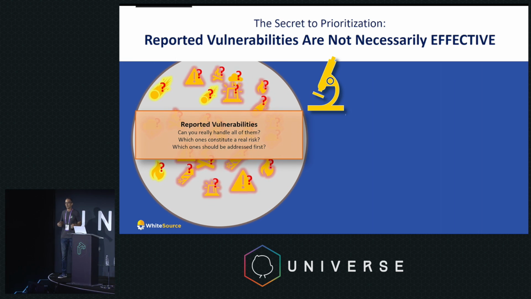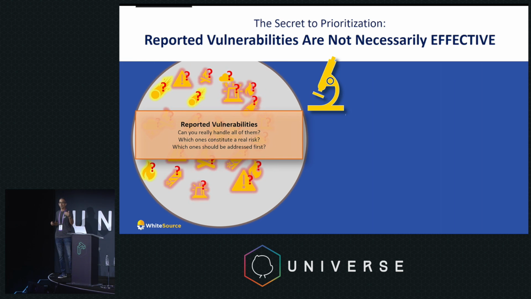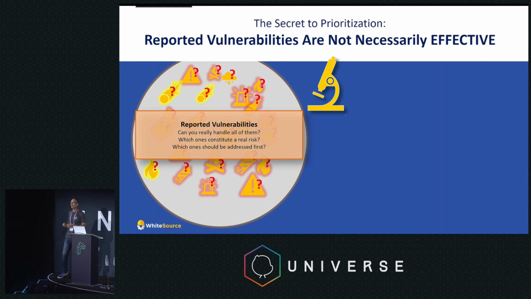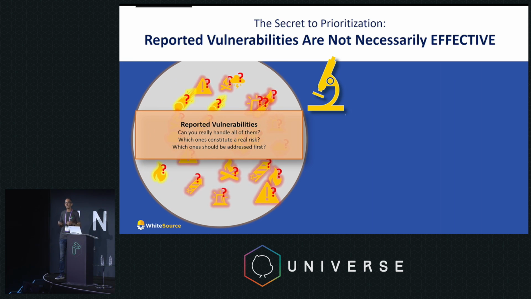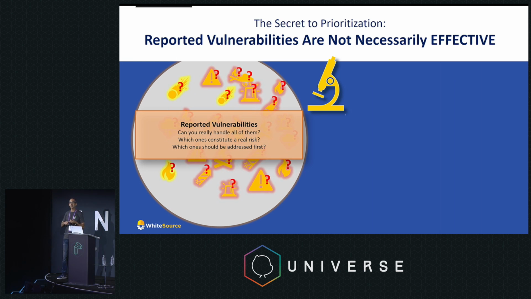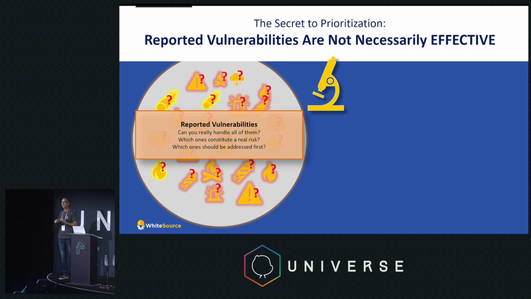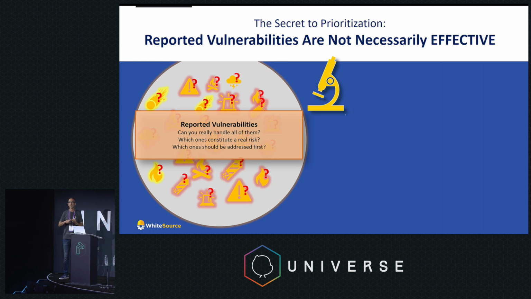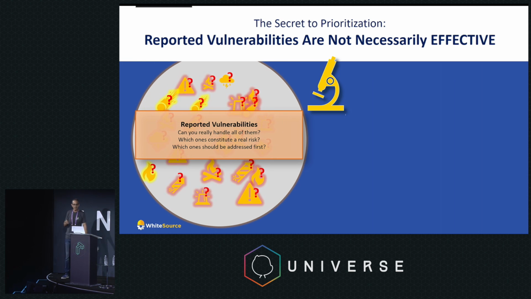Meaning, do I really reference the vulnerable lines of code or the vulnerable functions? Anybody thinks that these references may be something like 50%, 60%, 70%? No idea. Okay, 80. Good answer.